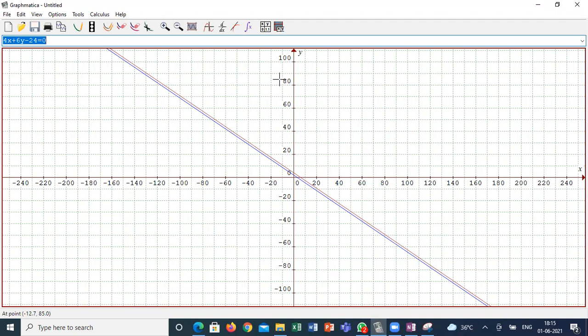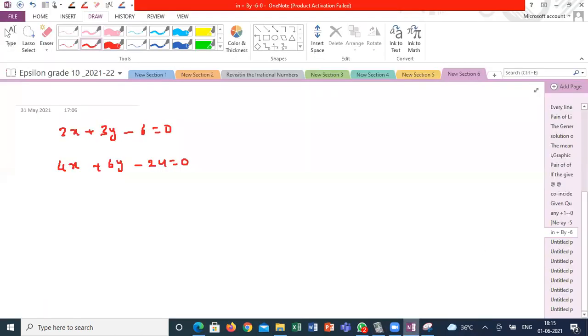If everyone is done, I'm going to discuss the conclusion of these three problems. It will be very useful for your 1 mark questions. Without solving, I can identify the number of solutions for the given situation.